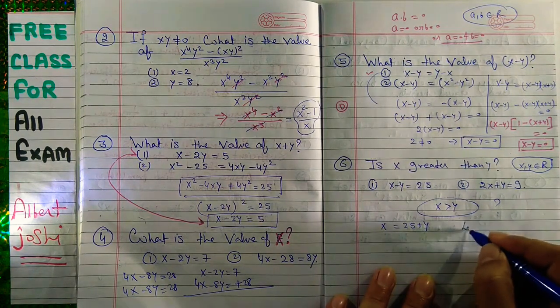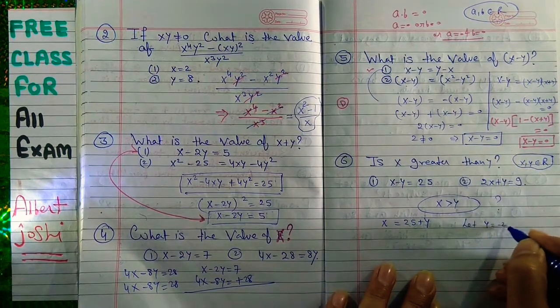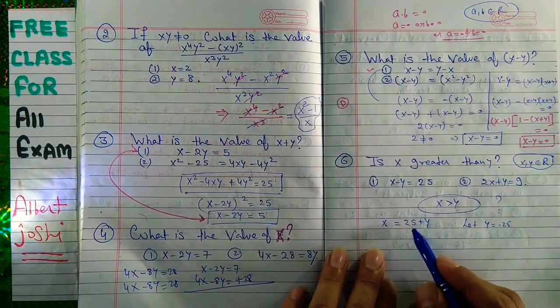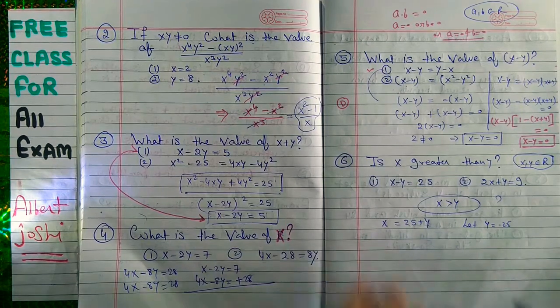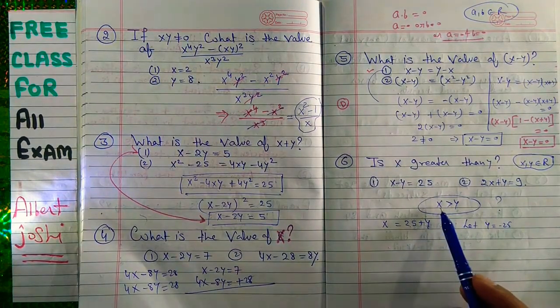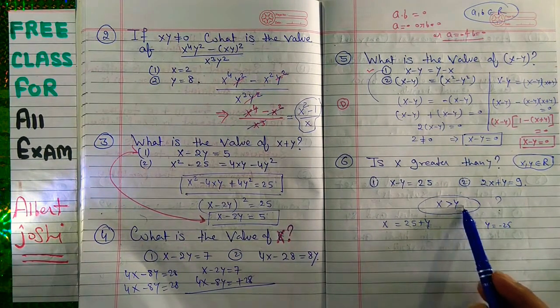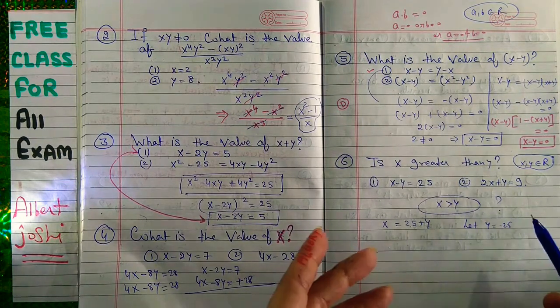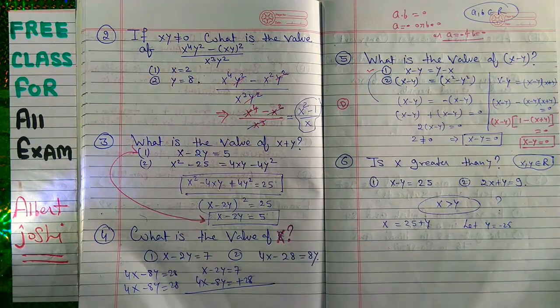Let y is equal to minus 25. In this condition, x is equal to 0. So can you imagine that x is greater than y? Yes, because 0 is greater than minus 25. That is okay, no problem.